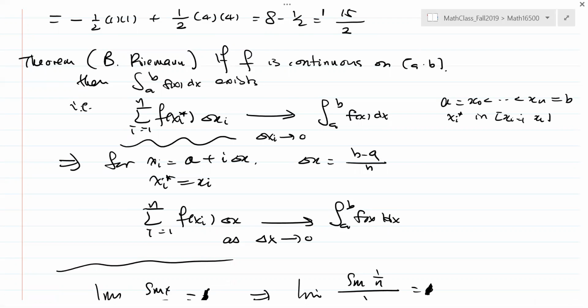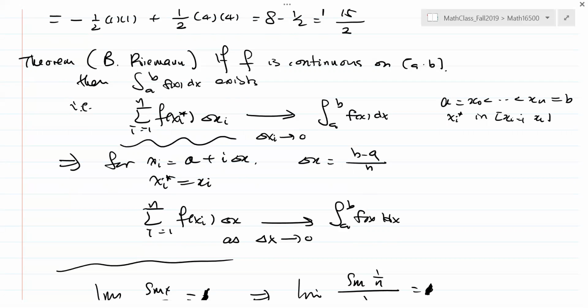Not because n approaches infinity, but because you have to make sure delta xi uniformly approaches 0. This limit is slightly different: like a sequence of numbers approaching a number, here you have so many Riemann sums approaching some number.